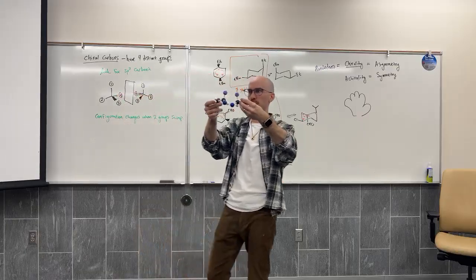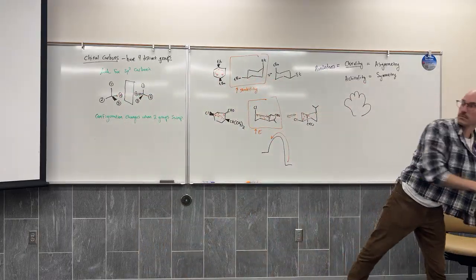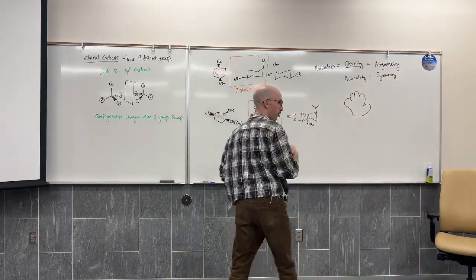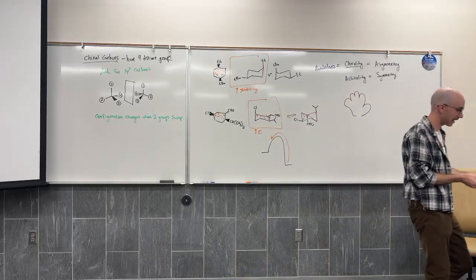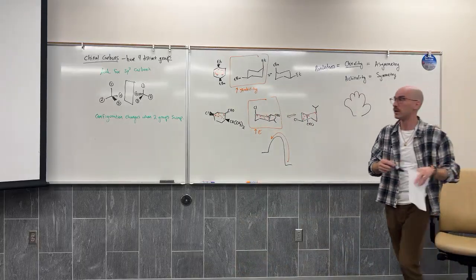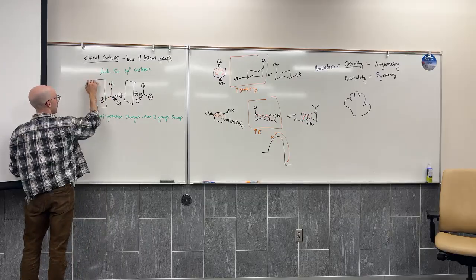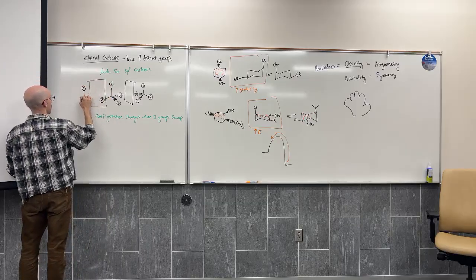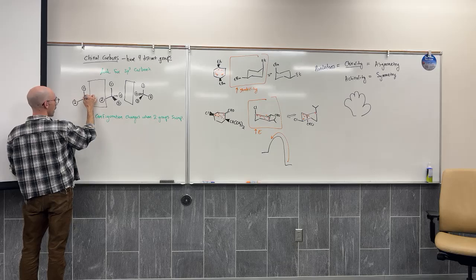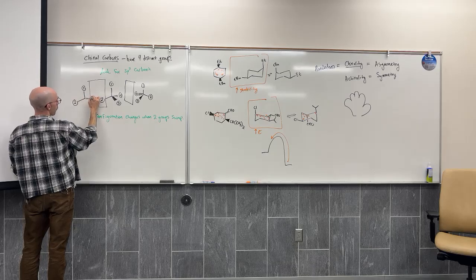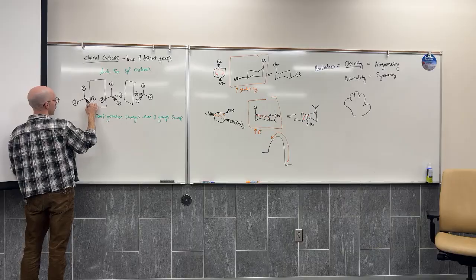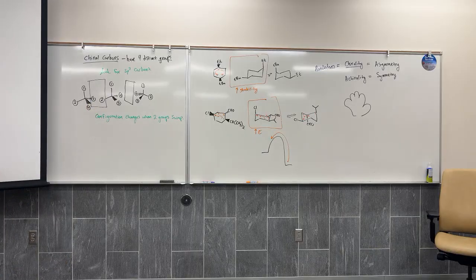So we can swap groups left to right. We can swap groups front to back, and that's what that second image is meant to show you. Notice how 1 and 2 stay the same, but now I have a mirror plane where 3 and 4 have swapped. This is what you typically deal with when you're looking in the bathroom mirror.